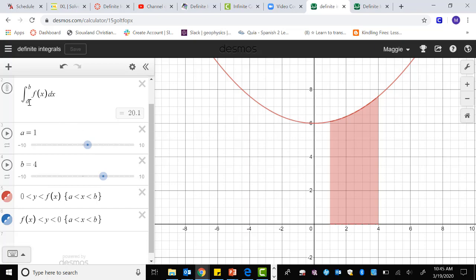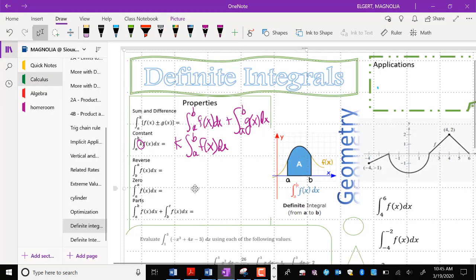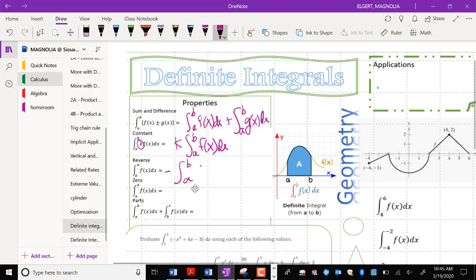I'm going to make a 4 and I'm going to make b 1. So remember this 20.1 so you can see the difference. So a now is 4 and b is 1. So what happened? It's the inverse, it's the negative value of that. So if we go back here, we can write that that is the negative value of the integral from a to b of f of x dx.